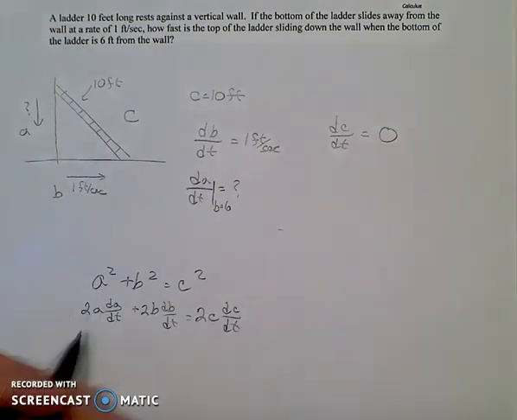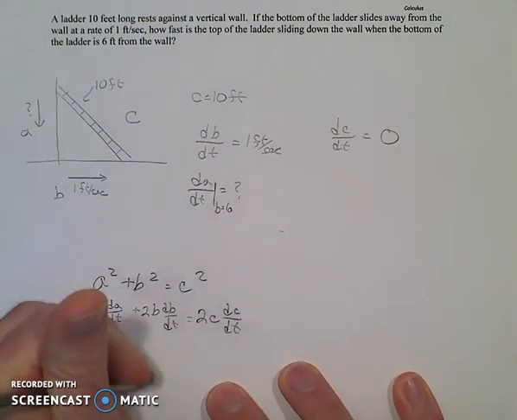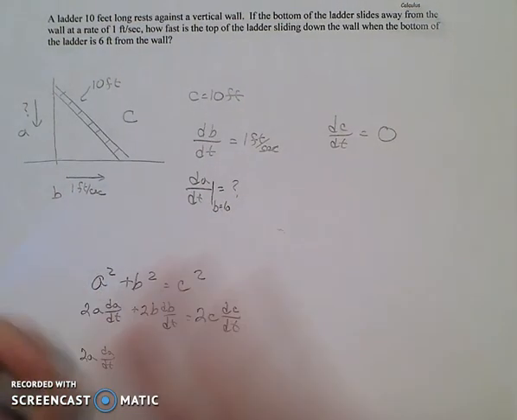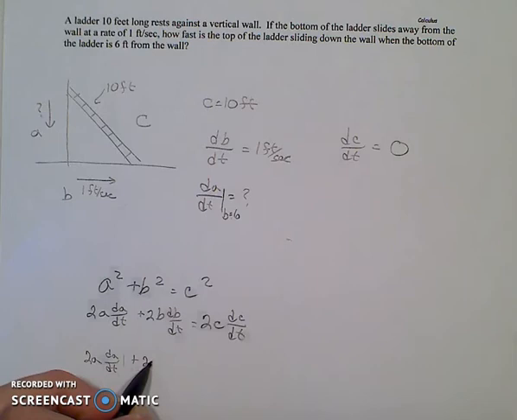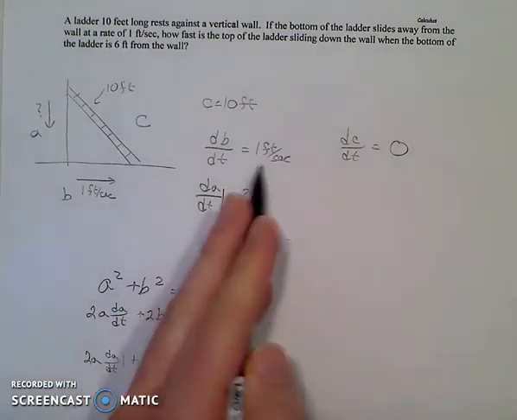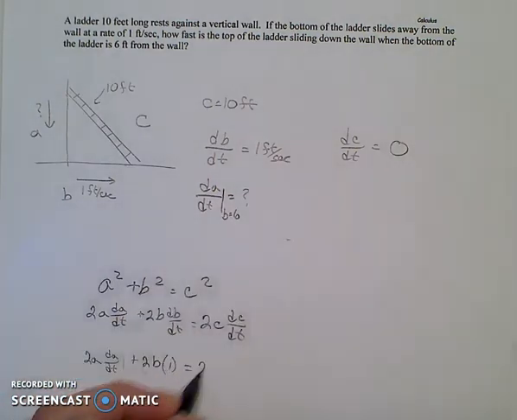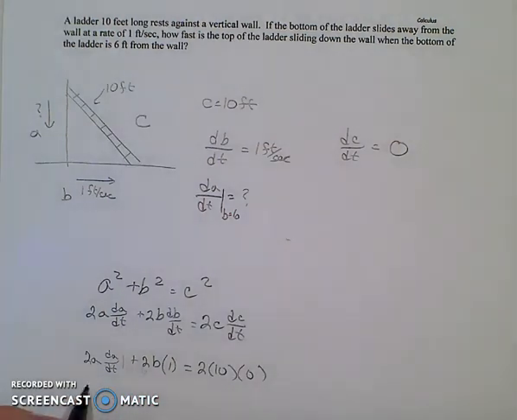Well, we have 2a dA/dt, which is what we're trying to find out. And b equals 6. Well, we can't put that in quite yet. Plus 2b times, well, we know that's 1, equals 2 times 10 times 0. So we're going to get 2a dA/dt plus 2b equals 0.